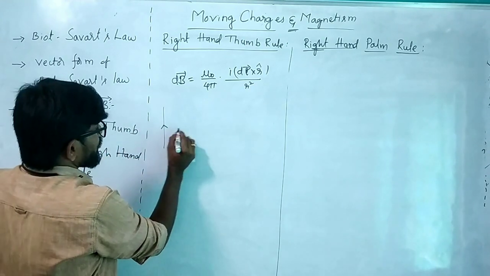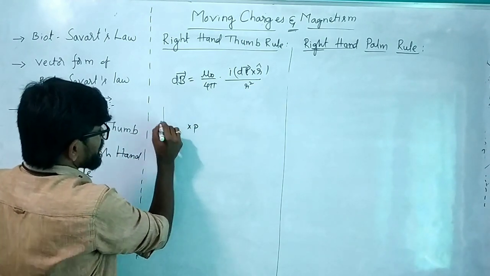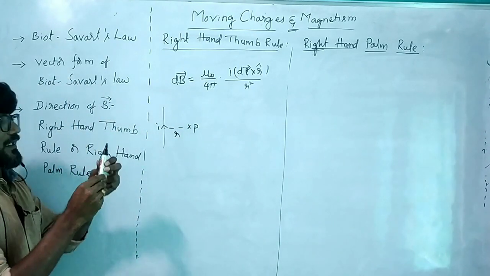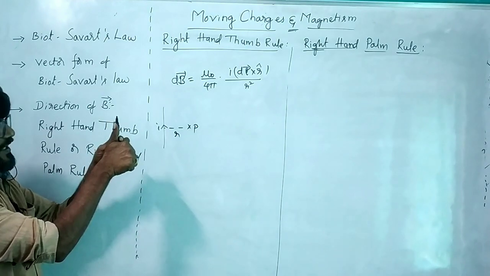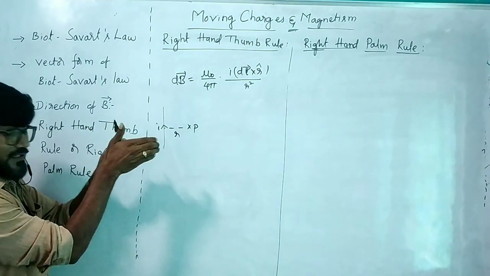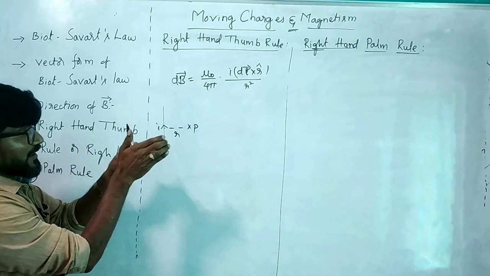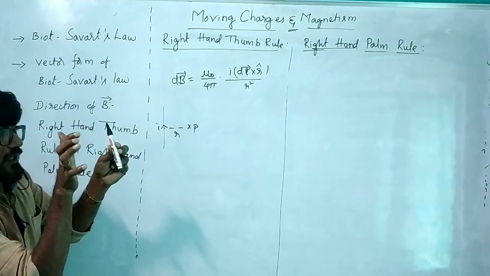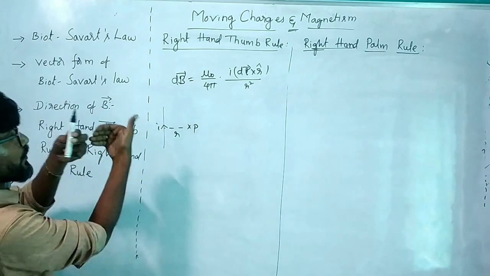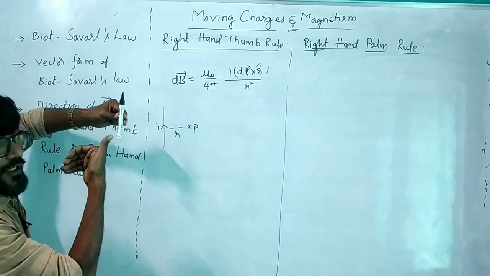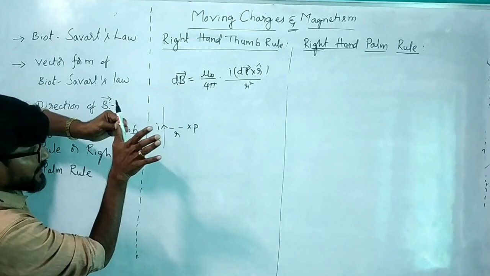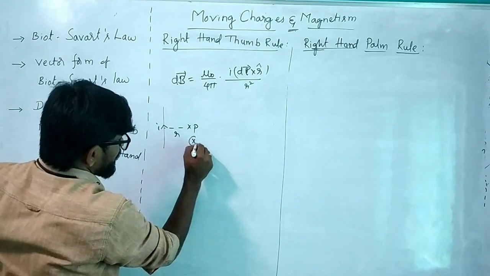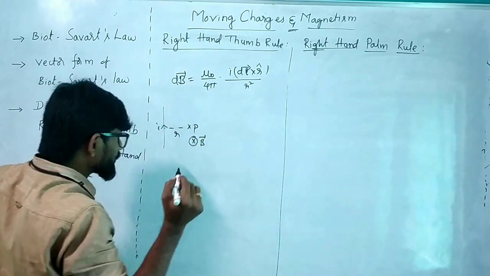If you want to find the field at a point P due to this current carrying conductor, which is at a distance R, curl the fingers at this point. If you observe, the fingers are going into the plane, right? So at this point the direction of magnetic field B bar is into the plane.